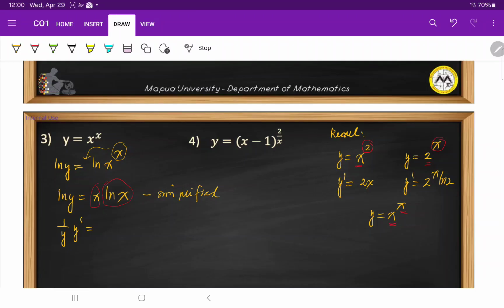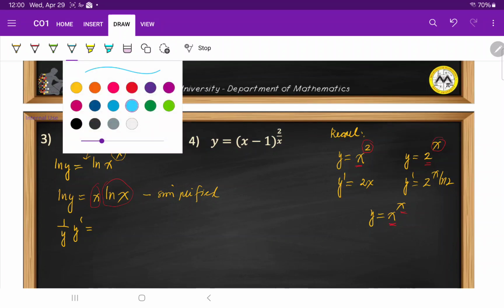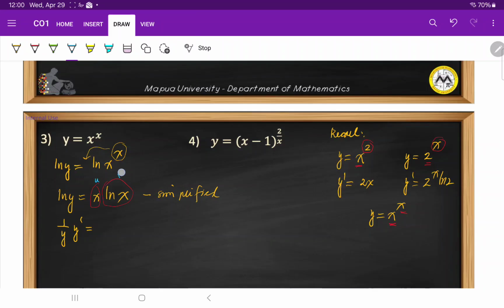So this is u and this is v. How do we find the derivative? We copy the first, then the derivative of v, ln of x, is 1 over x, times 1, plus copy v, which is ln of x, times the derivative of x, which is 1.